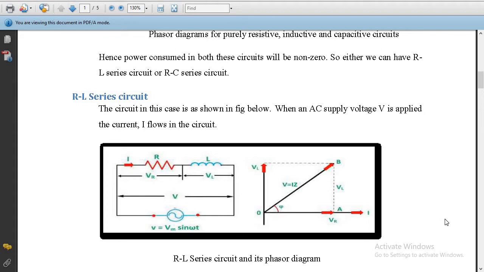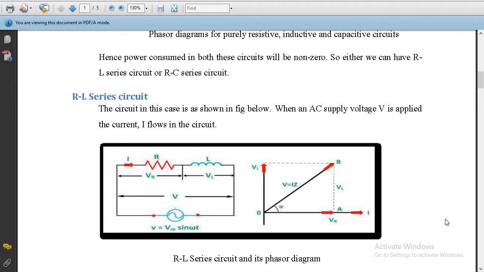A point to be noted here is that the current throughout the circuit is the same, but the voltage applied to the circuit will now be coming across the resistance and inductance series combination. Another way to put it is that the phasor sum of the resistive drop and inductive drop is the total voltage applied to the circuit.